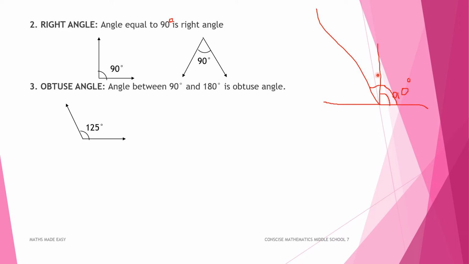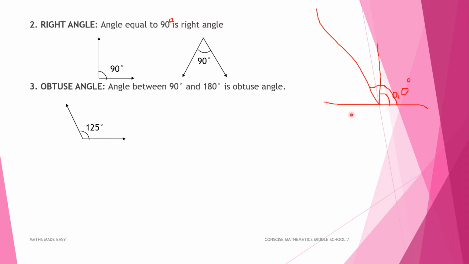Here it's 90, here it will be 100, then 110, 120, like that, until it is 180. So this line should lie from this 90 to 180.